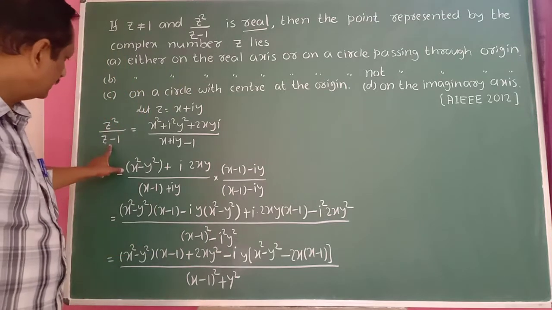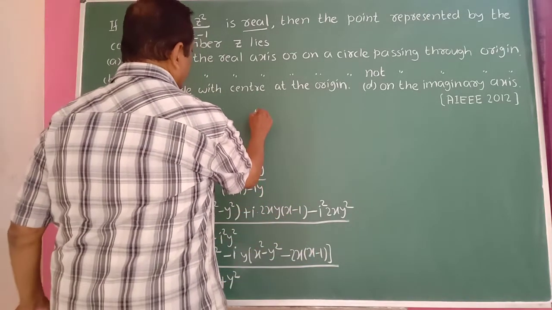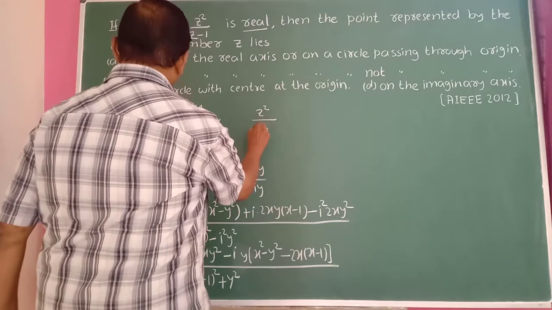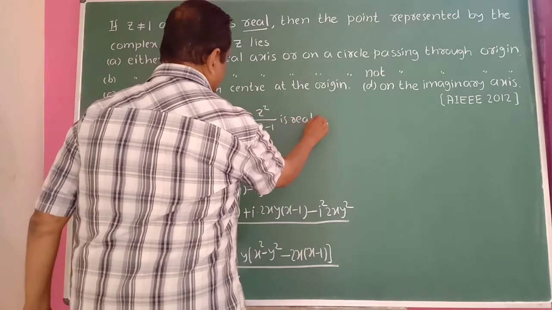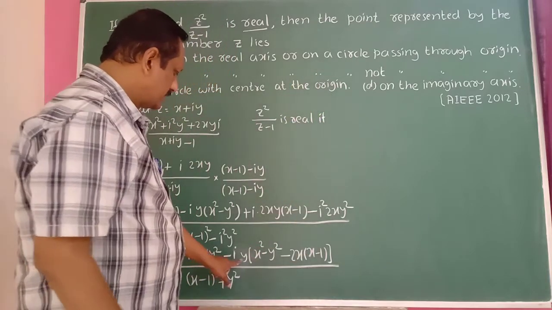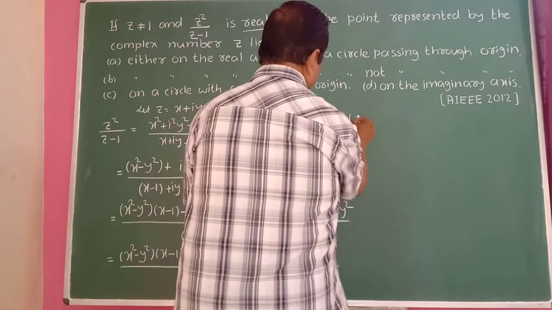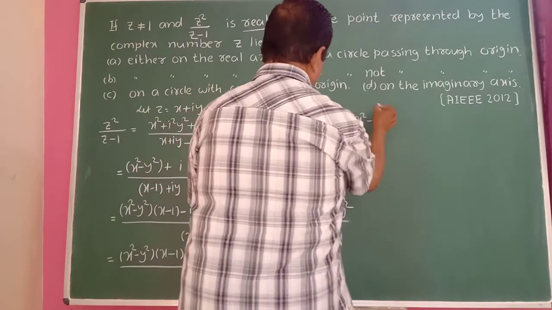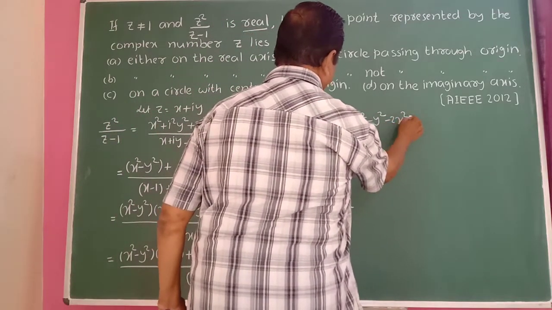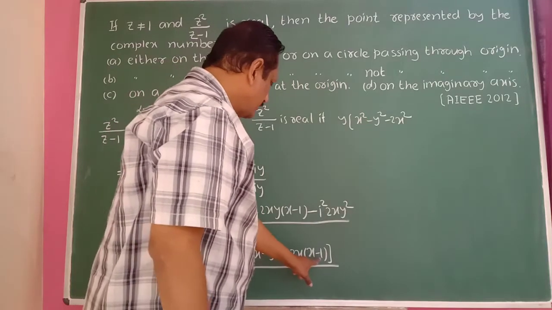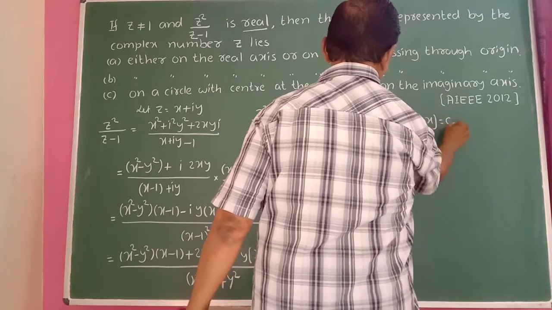Therefore, z square divided by z minus 1 is real if y into (x square minus y square minus 2x into (x minus 1)) equals 0. That is, y times (x square minus y square minus 2x square plus 2x) is equal to 0.